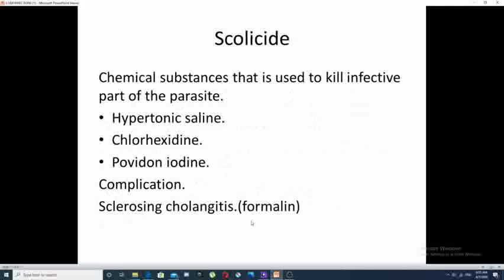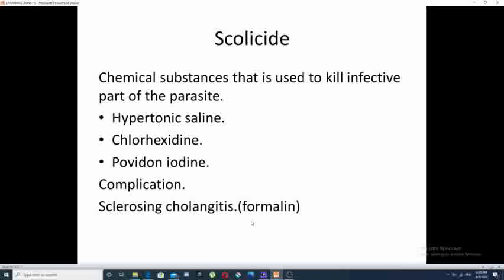One of the most challenging points in treatment of the hydatid cyst is the seeding of the hydatid content within the peritoneal cavity and the body, which results in recurrence of the disease after surgical treatment.